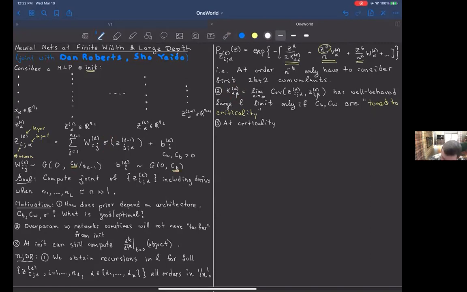At criticality, we can actually solve the recursions for the Gaussian process covariance, the fourth cumulant, the sixth cumulant, and so on, at any collection of nearby inputs.